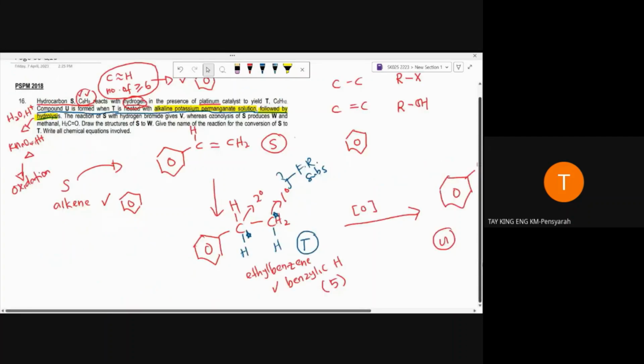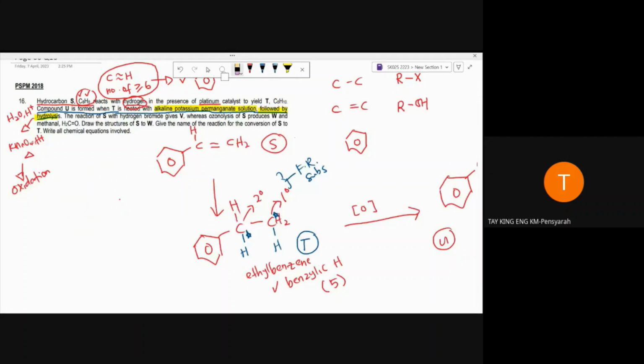So dia bagi tahu dengan kita reaction of S dengan hydrogen bromide gas. Okay. The reaction of S ini adalah S lah, react dengan HBr. So this one adalah electrophilic addition. H adalah electrophile, Br adalah nucleophile. Again, rules yang kita nak ikut adalah Markovnikov rules.